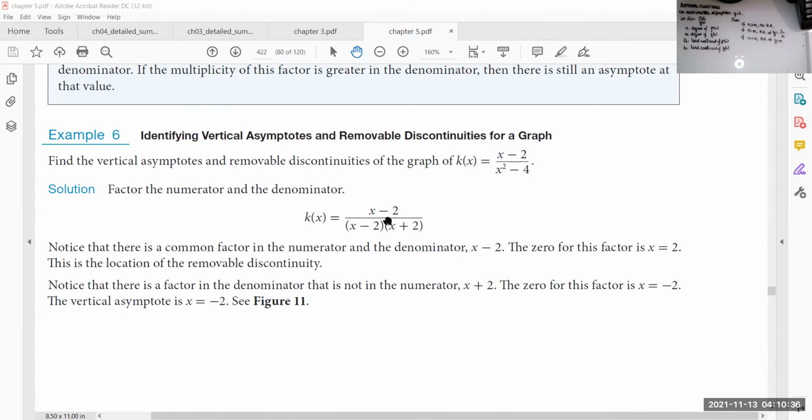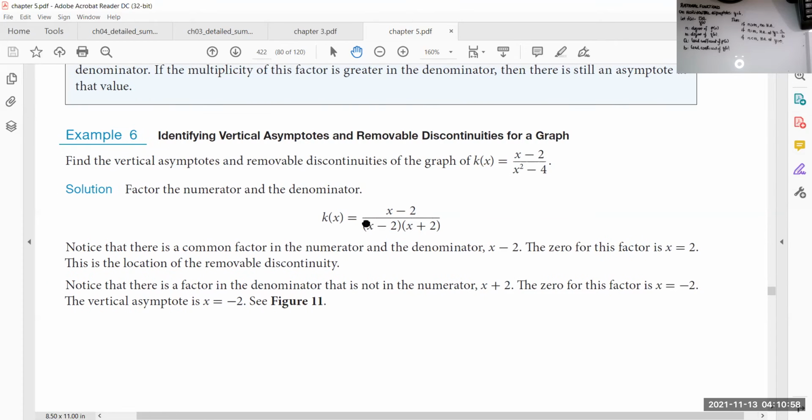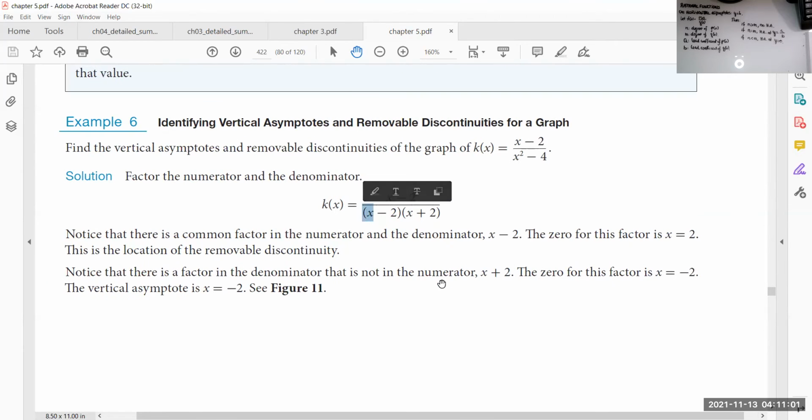So for example, here, x minus 2 over x squared minus 4, notice that the denominator factors as x plus 2, x minus 2, and we may simplify x minus 2. So we exhibit the vertical asymptote at x equals -2 because of x plus 2, and then a discontinuity at x equals 2.